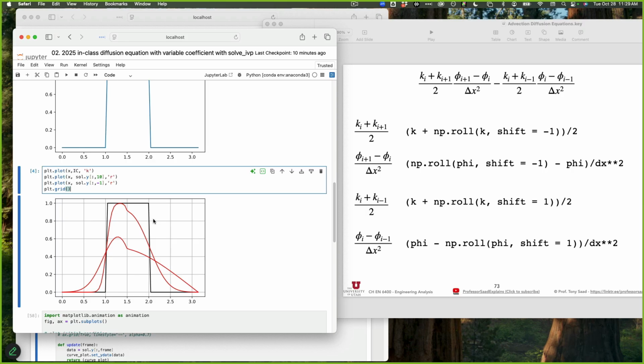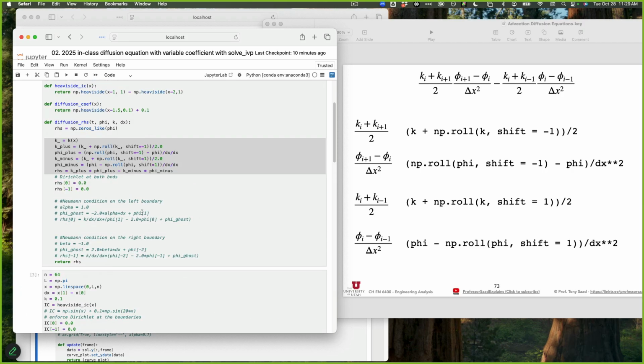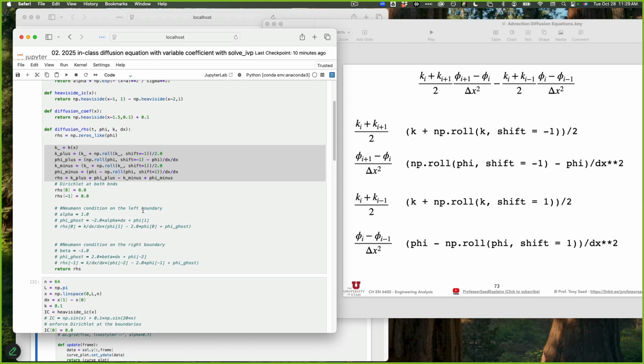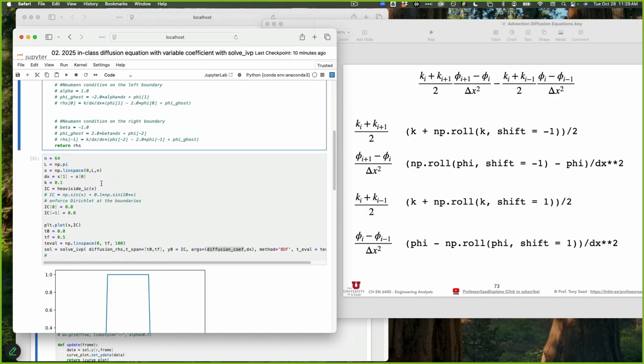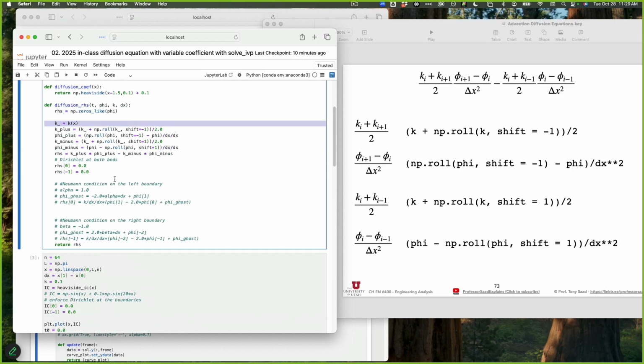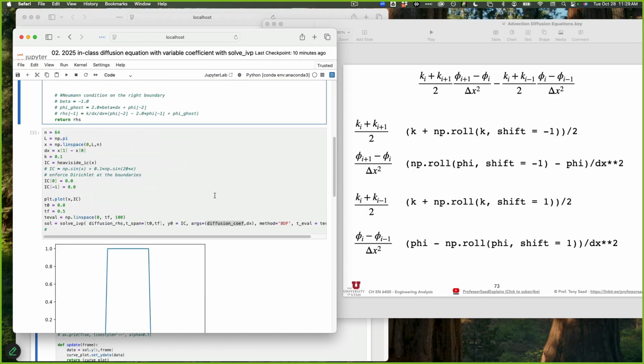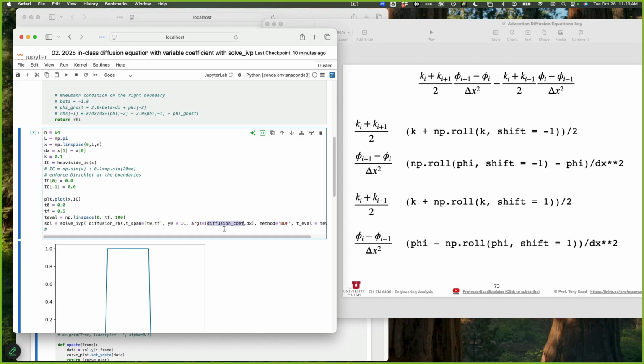It's upset at the line. Which line? Where it's k underscore equal to k of x. It's saying that a float object is not subscriptable. Did you pass the name of the diffusion coefficient function?